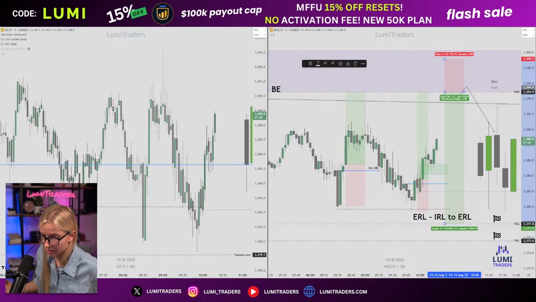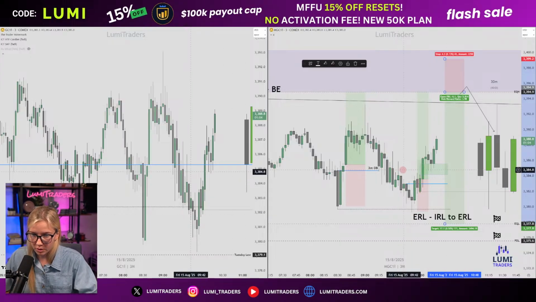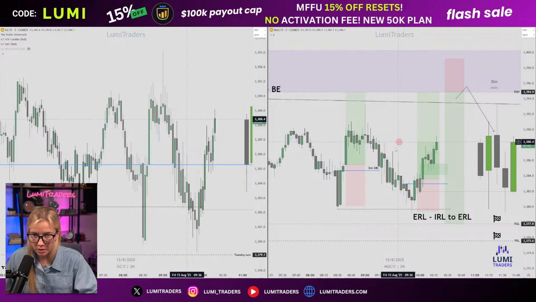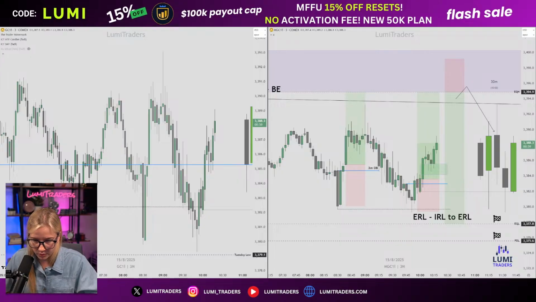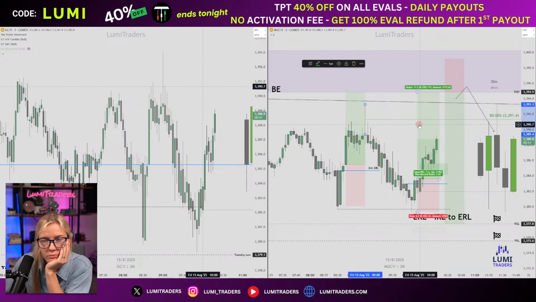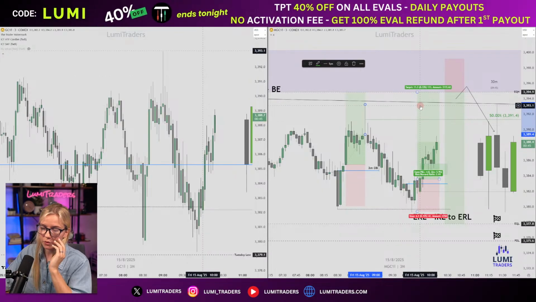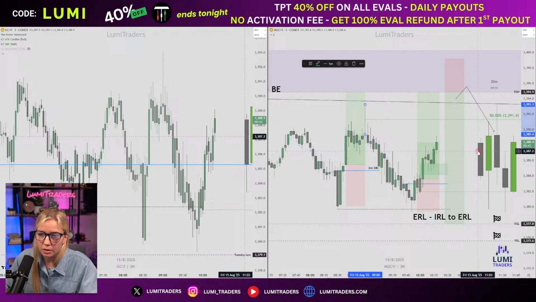Look at this move up. I'm absolutely in love with this move up, the action from the fair value gap. Considering low resistance, let's see where 50% is first. 33.91.4.